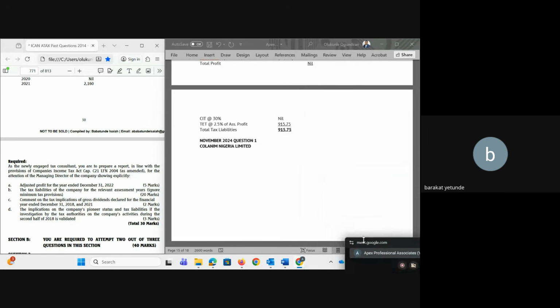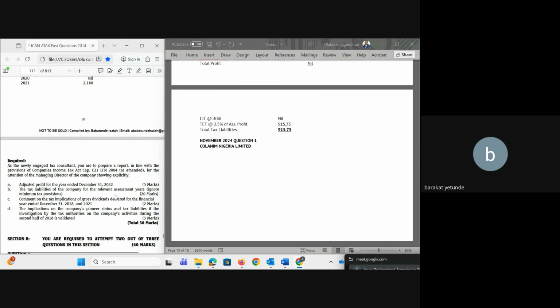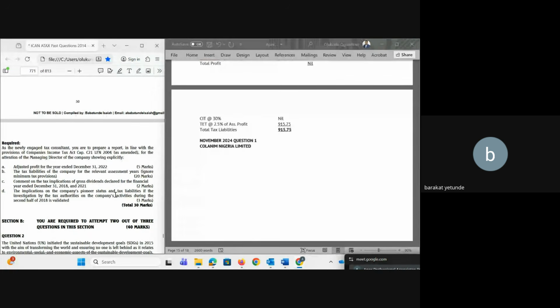Required: As the newly engaged tax consultant, you have to prepare a report in line with the provisions of the Companies Income Tax Act 2004 as amended, for the attention of the managing director of the company, showing explicitly: A, the adjusted profit for the year ended 31 December 2022.